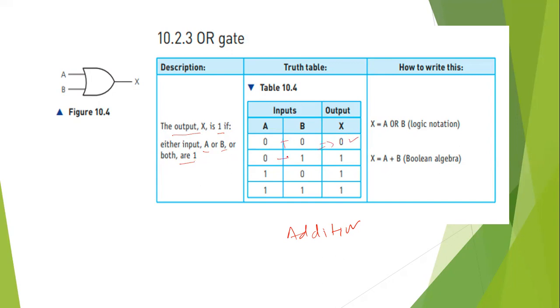Remember, 0 plus 1 gives output 1. 1 plus 0 gives output 1. 1 plus 1 gives output 1. You can write the logic statement X equals A OR B. In Boolean algebra, you can write A plus B. So we use the plus sign for the OR gate.